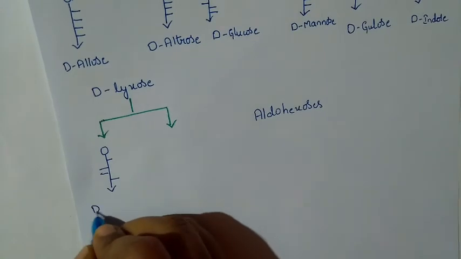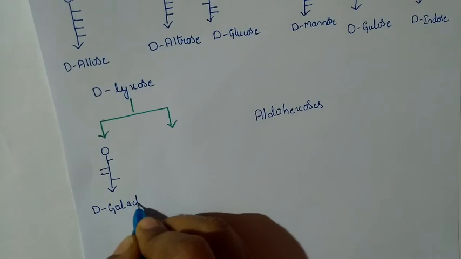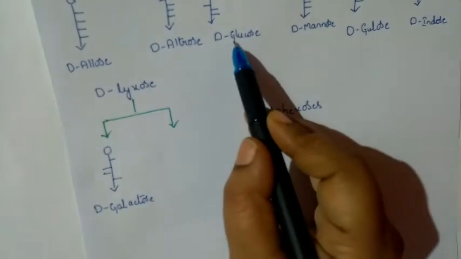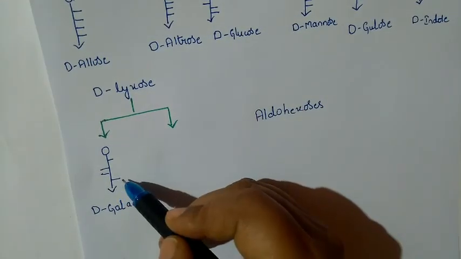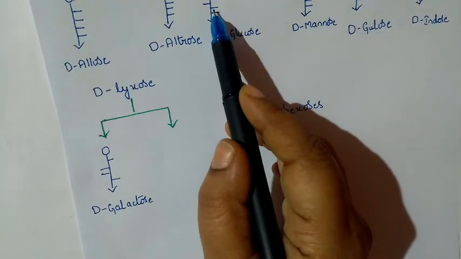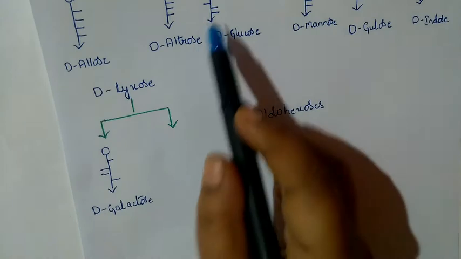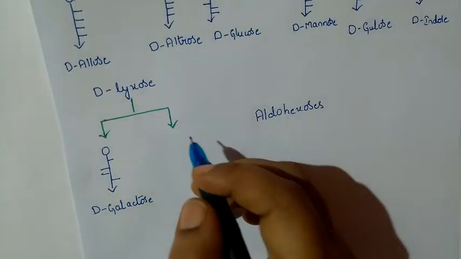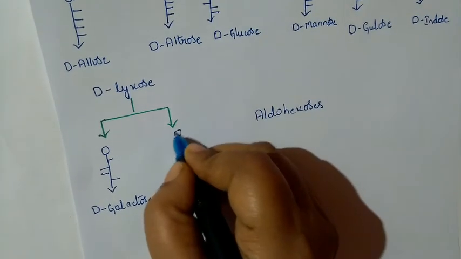This is D-galactose. Galactose we have studied. Glucose you check. The 5th carbon is towards the right side, 5th right side, 4th here it is right side, here it is left side. That is the only difference between glucose and galactose. Next one, the last one, that is D-talose.